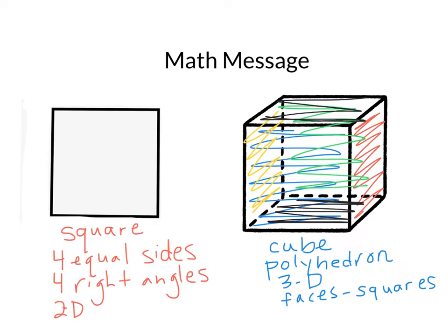And then 5 and 6 are the top and the bottom. So we would say 6 faces. And those faces are made of squares. Today we're going to talk a little bit more about faces and other kinds of attributes of prisms, which are a type of polyhedron. So we could also say that this is a prism.